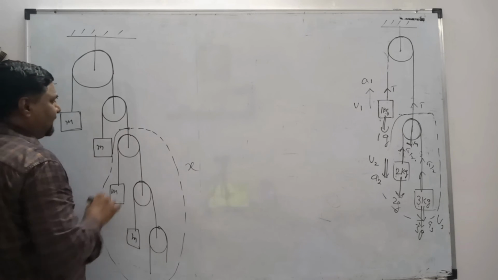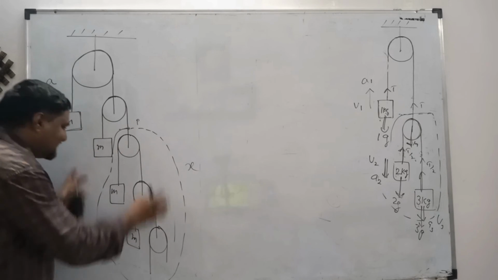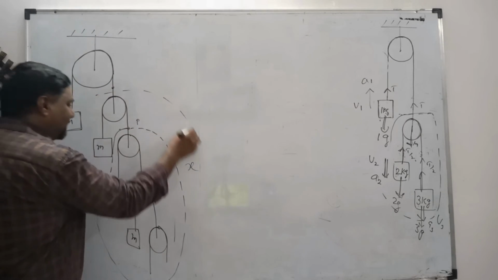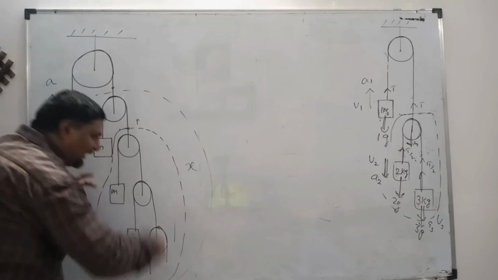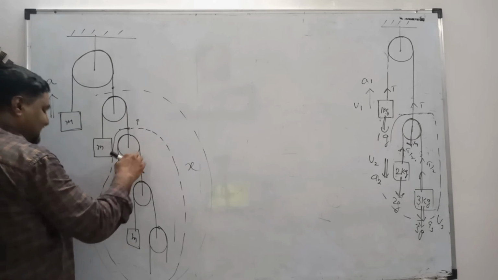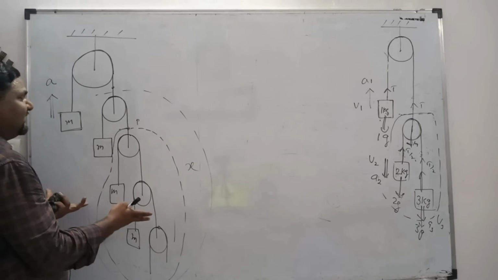Now one more thing: if I see below this point, how is the system? Below this point, the system is the same. This system consists of infinite pulleys, and below this point also the same arrangement is there.